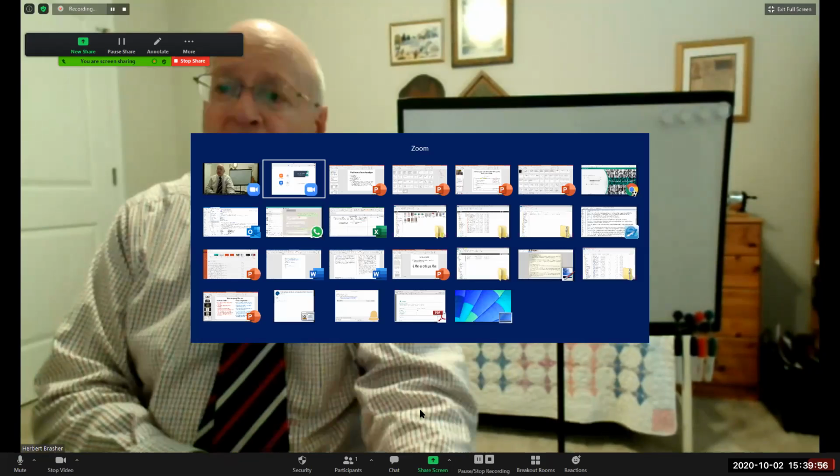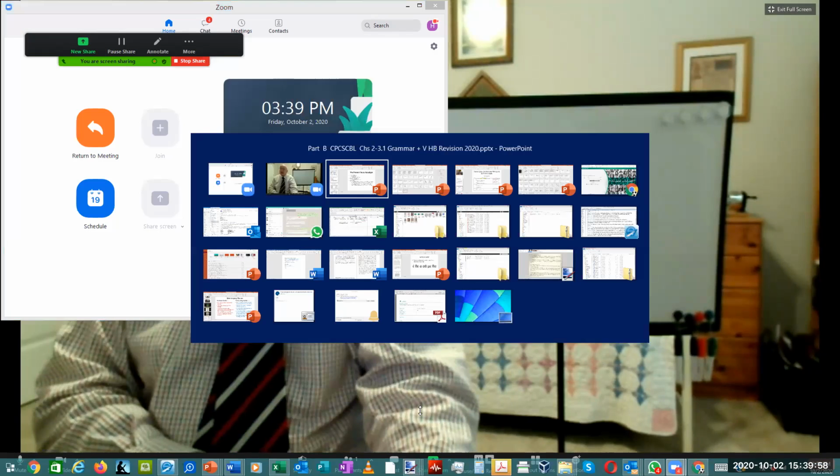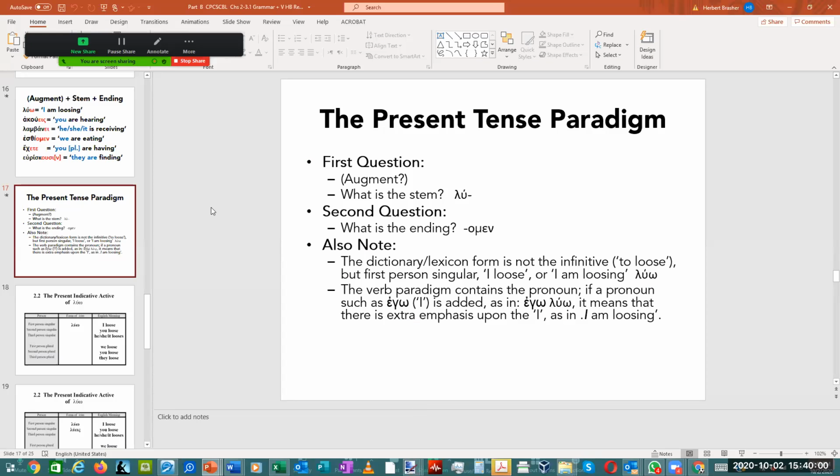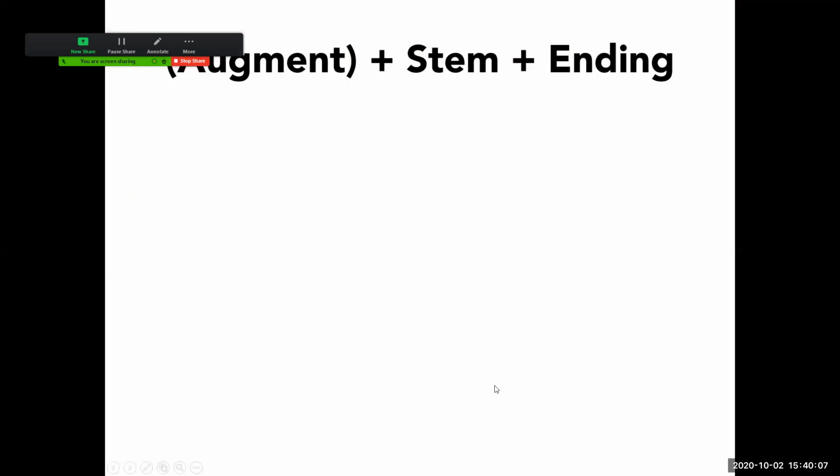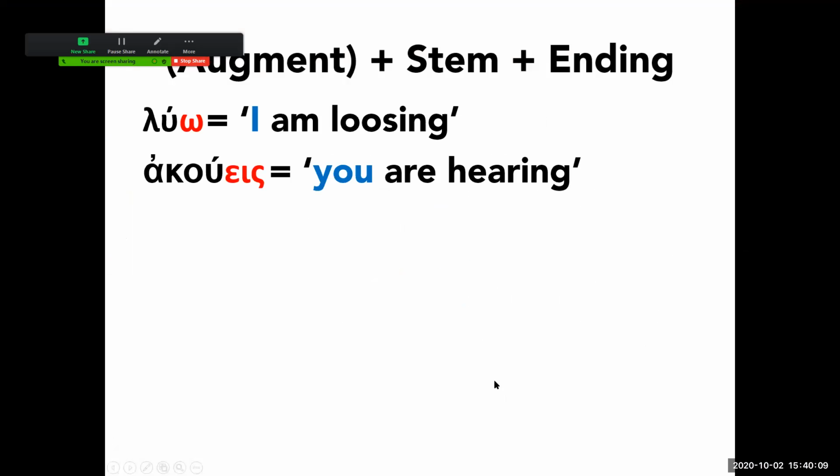And we did that last time. If you remember, let's see, go to that presentation. We added those to 6 of the verbs in the second chapter. They list on page 47.